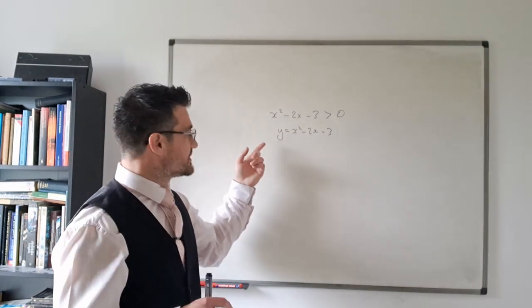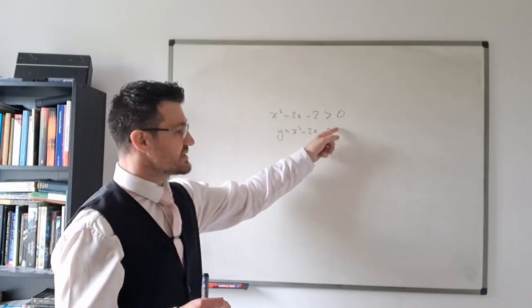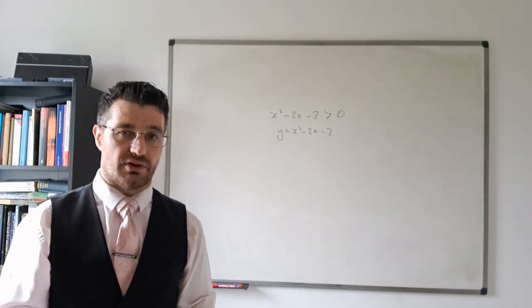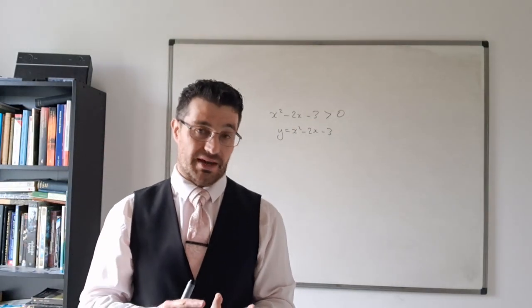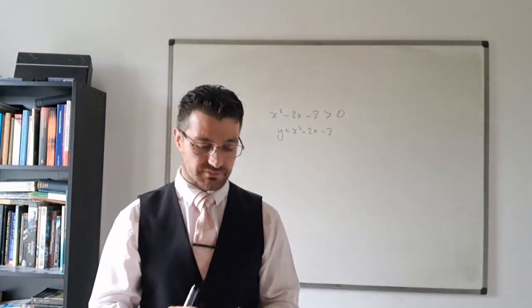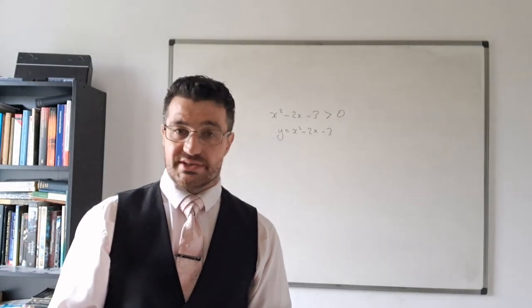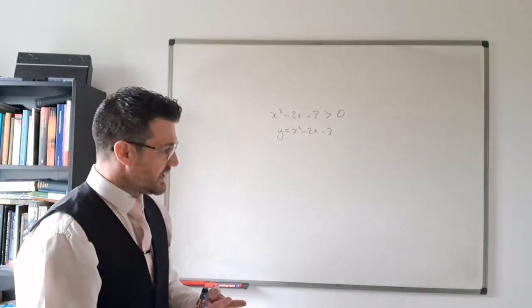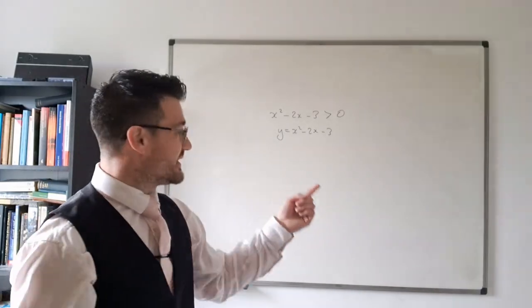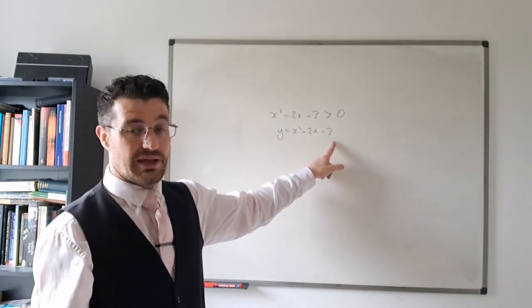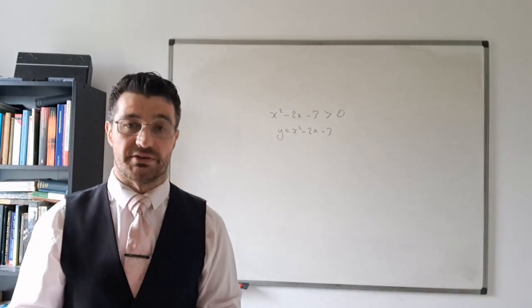So to sketch the graph of this, I might look for the roots. That might mean that I use factorization or the quadratic formula, whichever is appropriate. If I suspect that this doesn't have roots for whatever reason, then I might check the discriminant first.